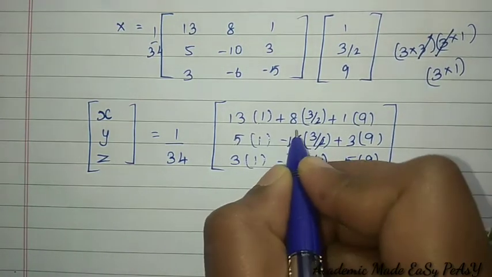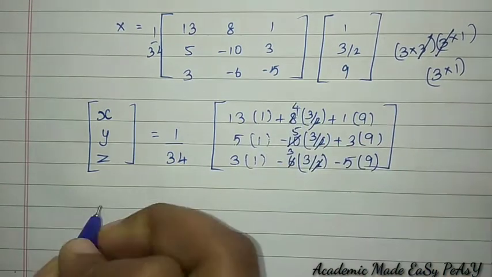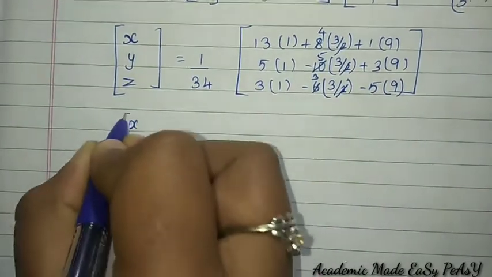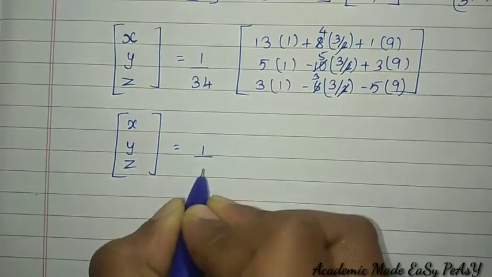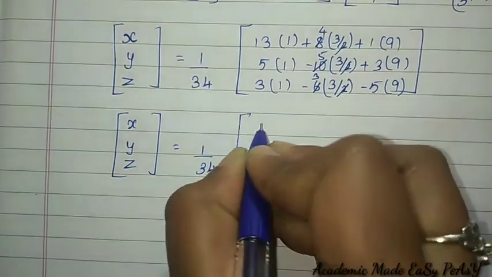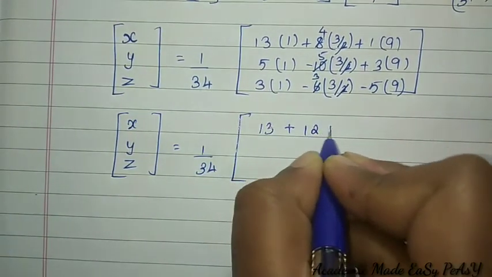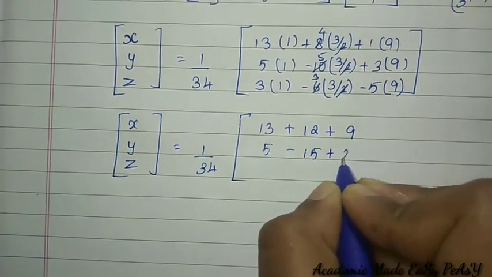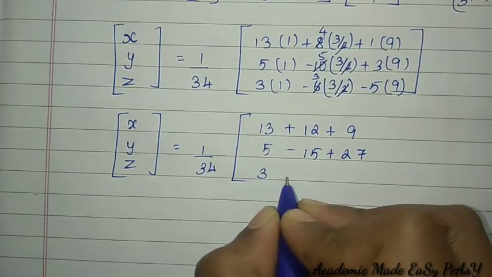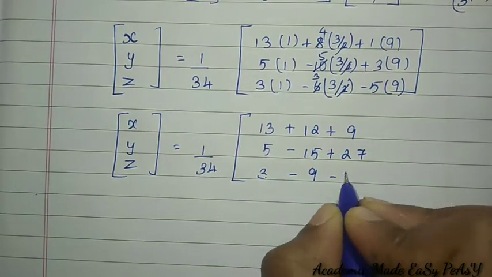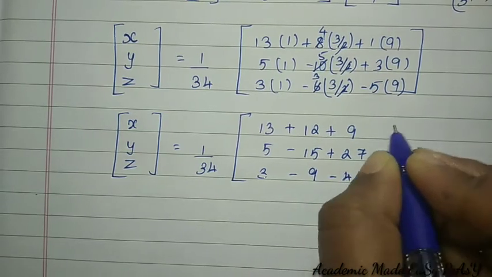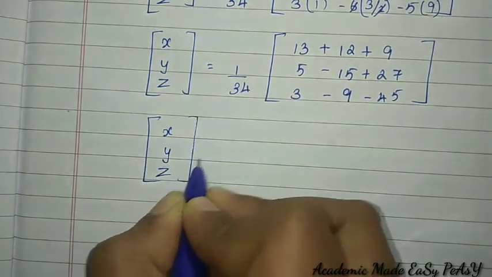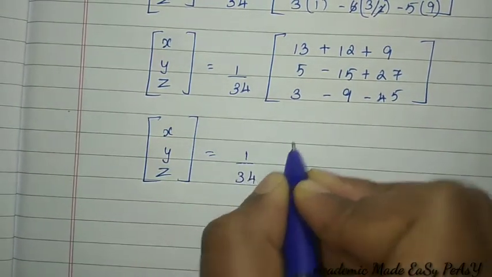This is 3, 5, 4. So x, y, z is equal to 1 by 34 into 13 plus 12 plus 9, 5 minus 15 plus 27, 3 minus 9 minus 45.